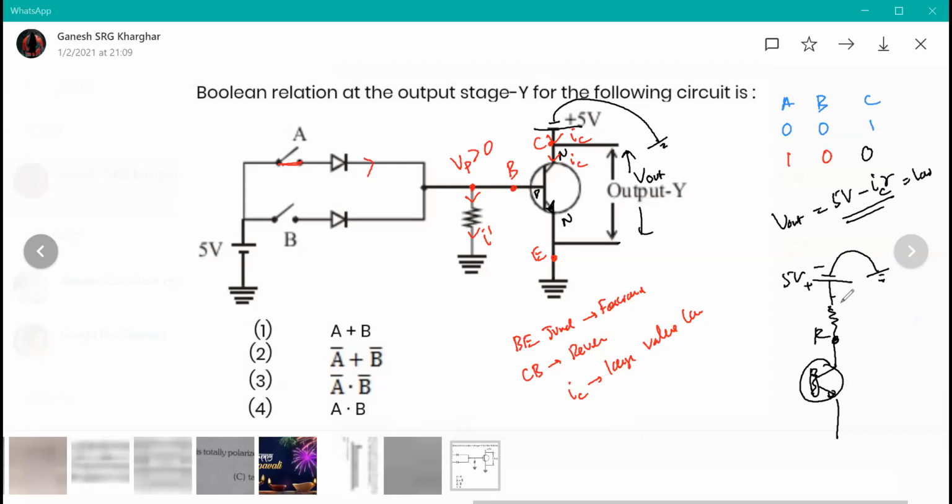We have to. Okay, so in the case of collector current being there, this would have been just 5 volt minus IC into capital R, which would have become a low voltage in comparison. So anyway, now you can see the same will happen for this also. So it is basically inversion of AND.